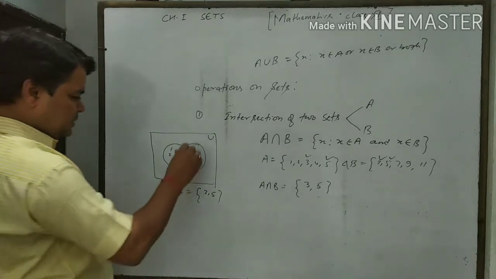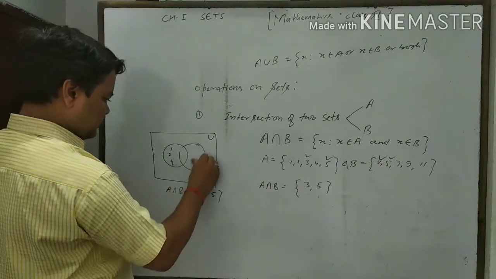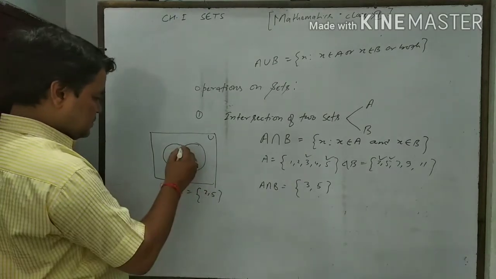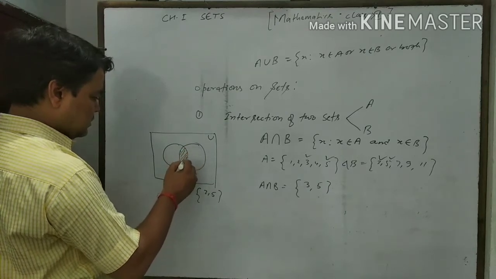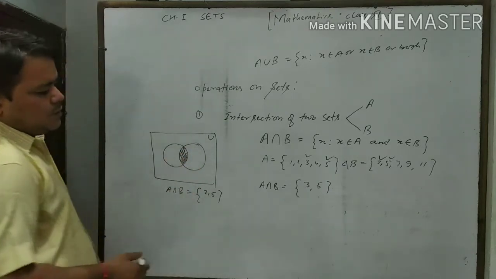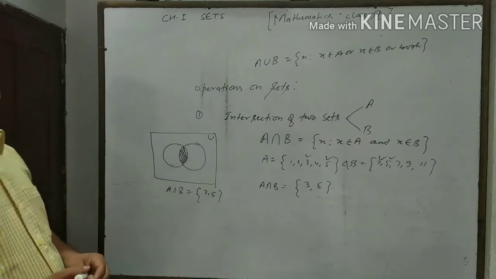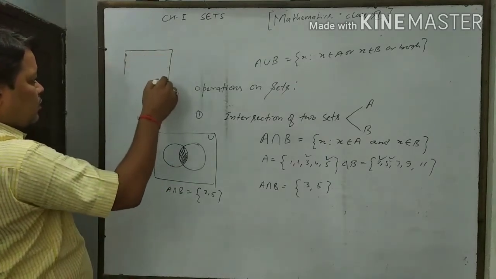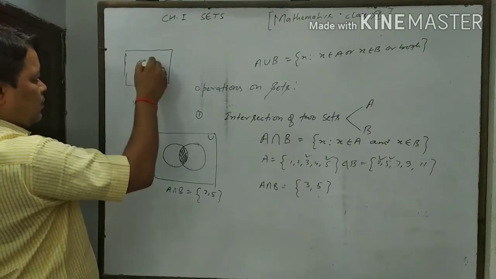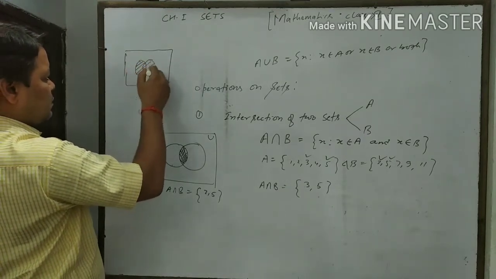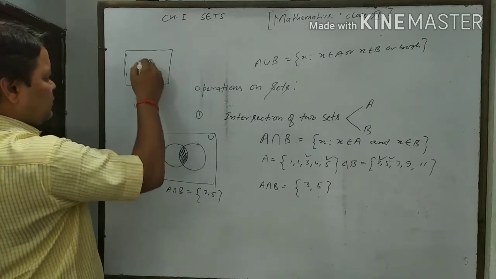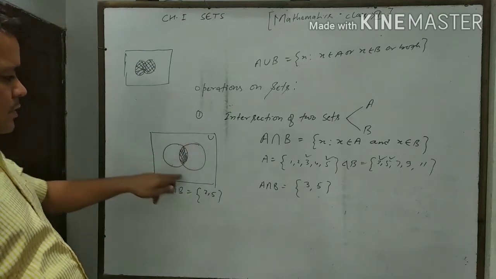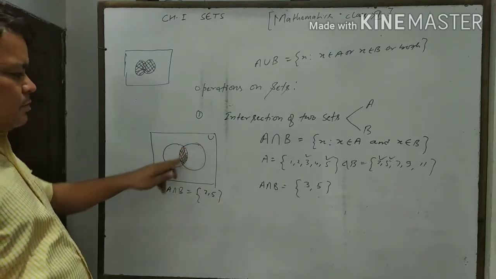Symbolically, how do we represent it? Here, A intersection B means only this part. This part is A intersection B. And this total part is A union B. A intersection is only this part, the common part of the circles, the common part of the two sets.